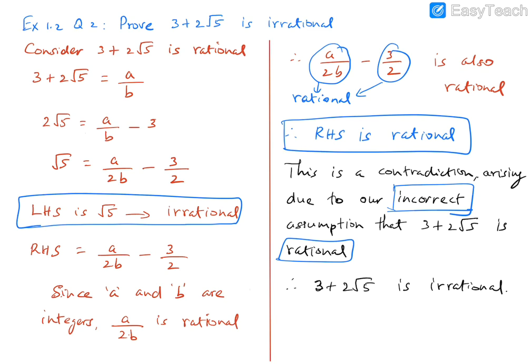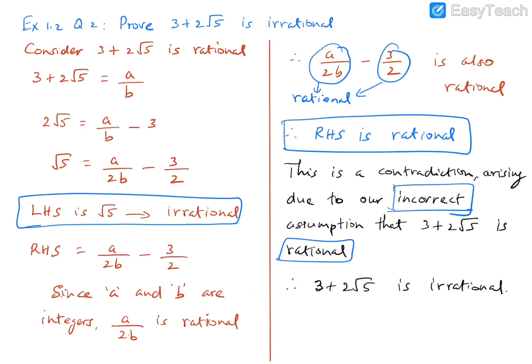Because of that contradiction, our initial assumption is incorrect, and we conclude that the correct assumption should have been that the number is irrational. So this is the method of contradiction, and we have seen several examples of proving that a number is irrational by using it.